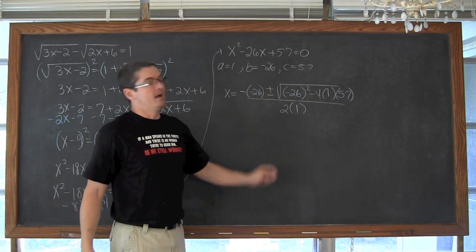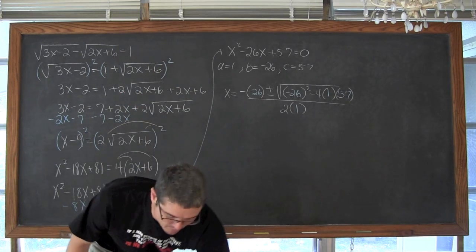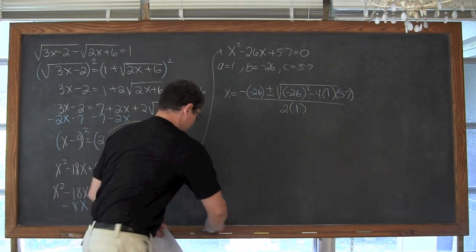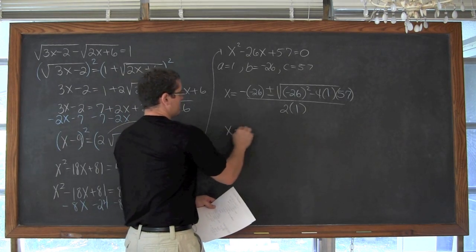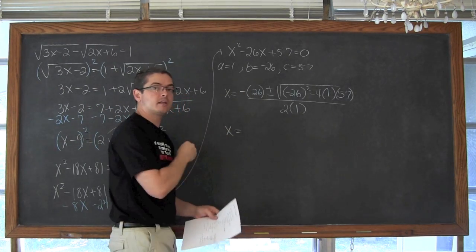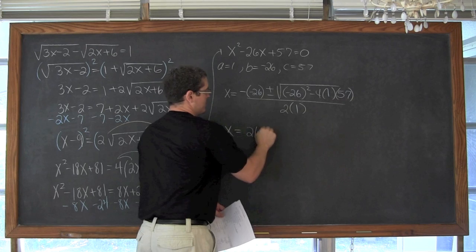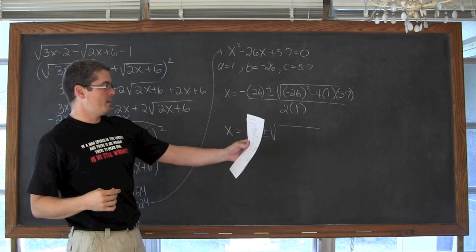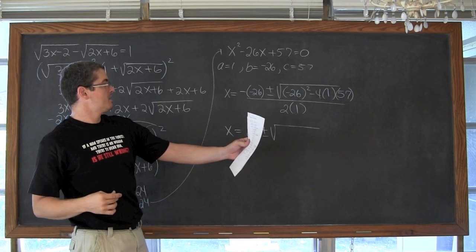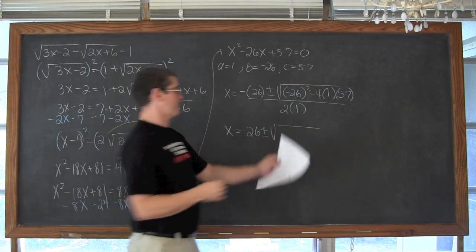Now, I cannot do this in my head, so let me refer to my notes, if you would please. This means that we have x is equal to, these two negatives cancel out, so we get 26 plus or minus the square root. Negative 26 squared minus 4 times 1 times 57 is 448.